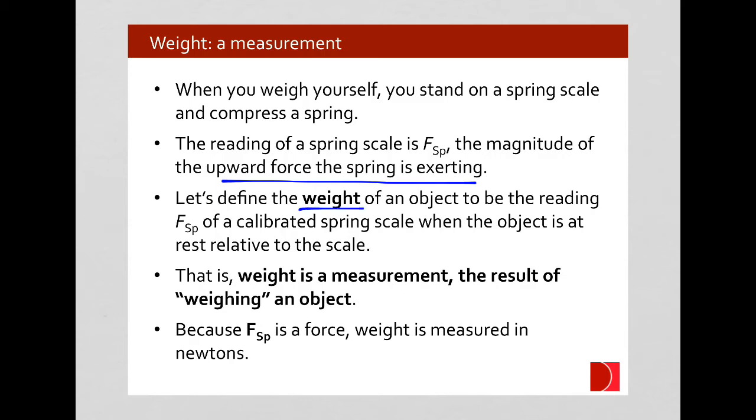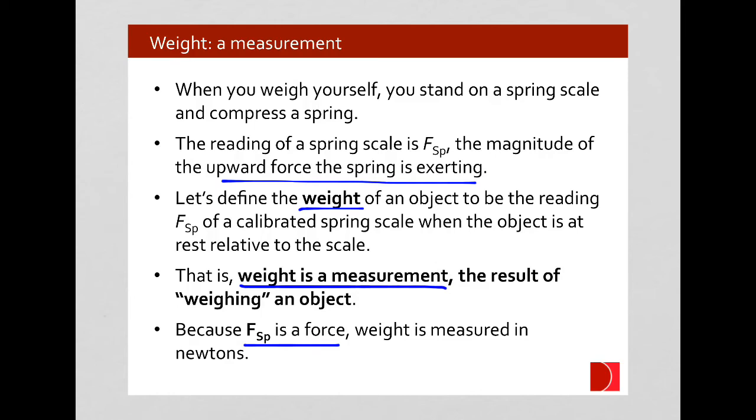And so the weight that we're talking about, when we talk about the weight of an object, would be the reading of that scale when the object is at rest relative to the scale. And so we're talking here about weight as a measurement. It's a measure of how much force is needed to hold up an object. Here, the force of the spring is that force, and thus weight should be measured in newtons.